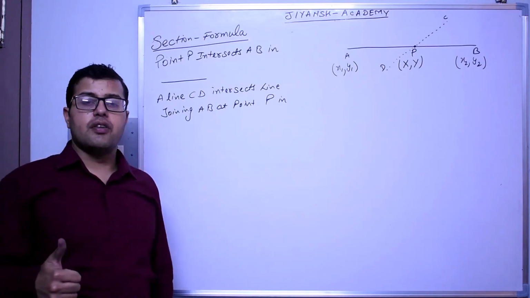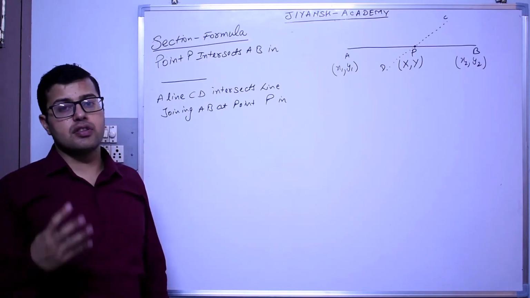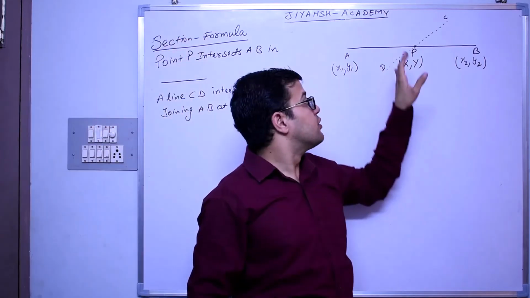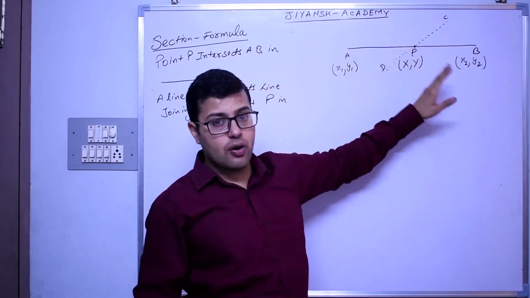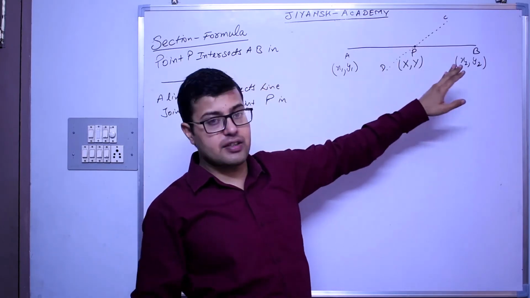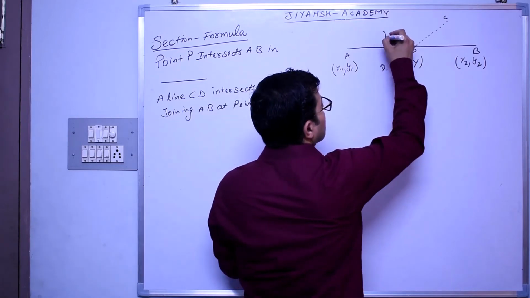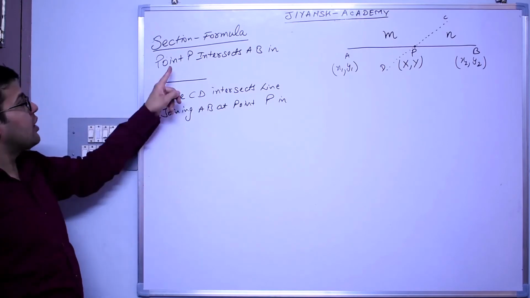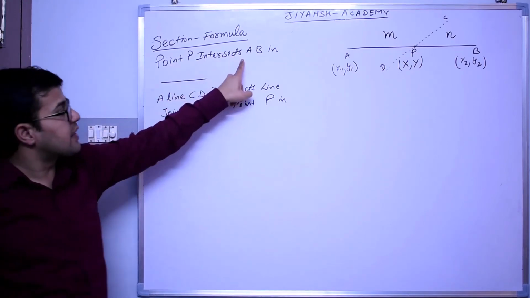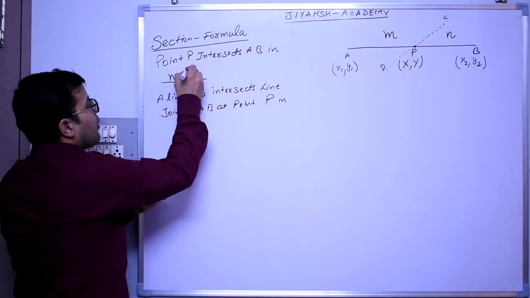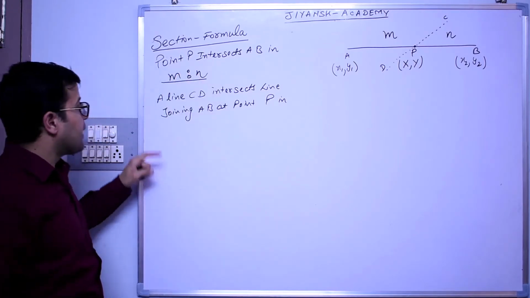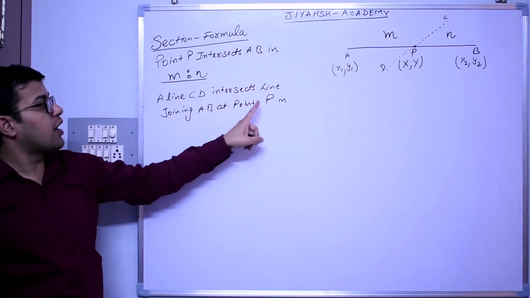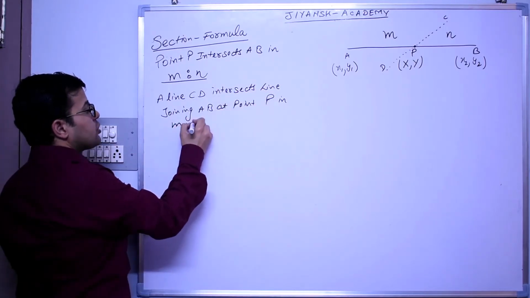So after we are done with the distance formula and we have discussed the four types of the distance formula, the next formula in coordinate geometry is the section formula. Whenever a line is divided or intersected or a point coincides with them, it does so in a particular ratio. So let's say the ratio is m ratio n. Now it can be the point P intersects AB in m ratio n, or it can be a line CD intersects the line joining AB at point P in m ratio n.